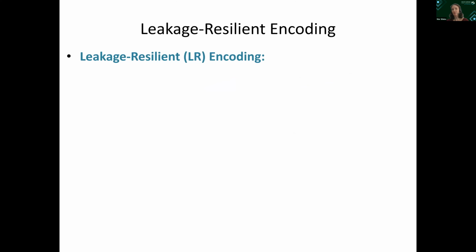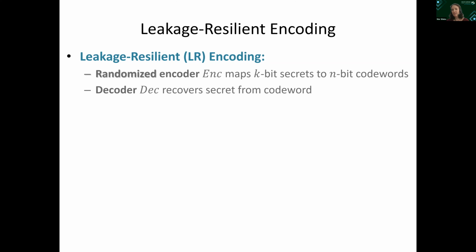So what are these objects that we're using, these leakage resilient encodings? You can think of them as error correcting codes, but in error correcting codes, we're usually thinking of the encoder as being a deterministic algorithm, whereas here, the encoder is going to be a randomized algorithm. And again, we have a deterministic decoder that recovers the secret from the code word.